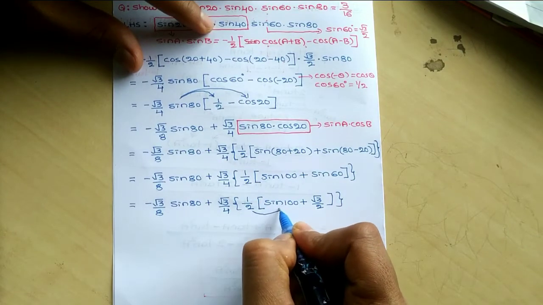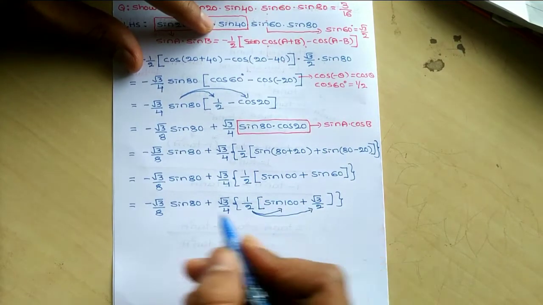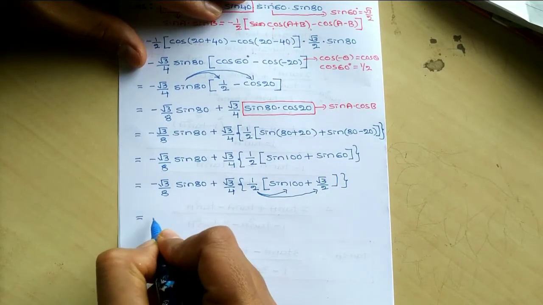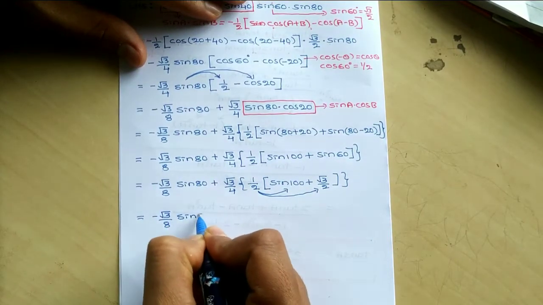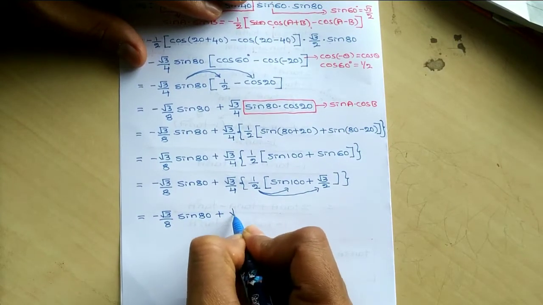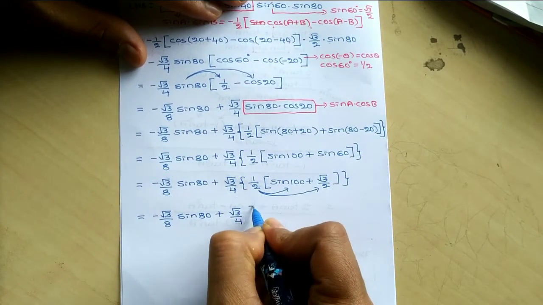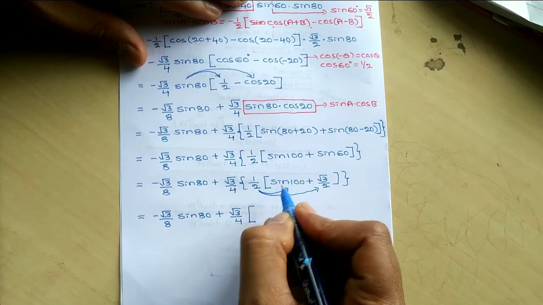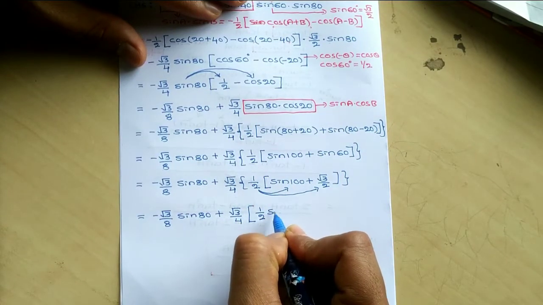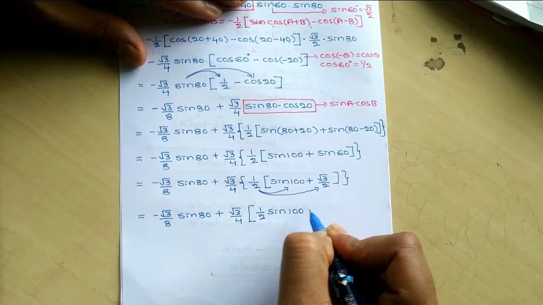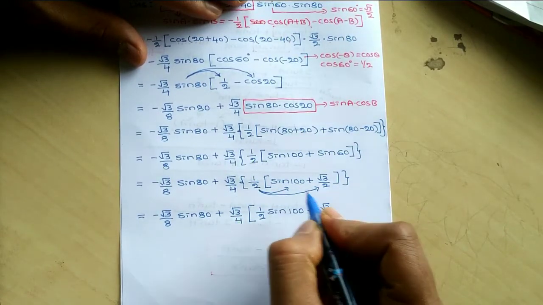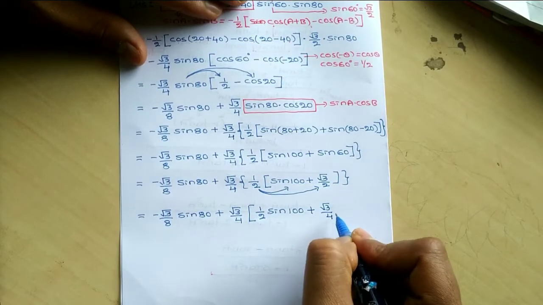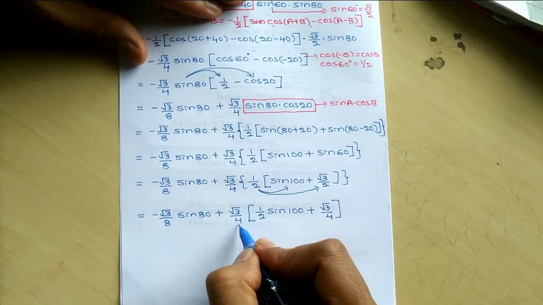So these two multiply. So which is equals to minus root 3 divided by 8 sin 80 degree plus root 3 divided by 4, keep it as it is, in bracket 1 by 2 into sin 100 plus 1 into root 3 is root 3, 2 into 2 goes to how much here? 4. Next, these two.